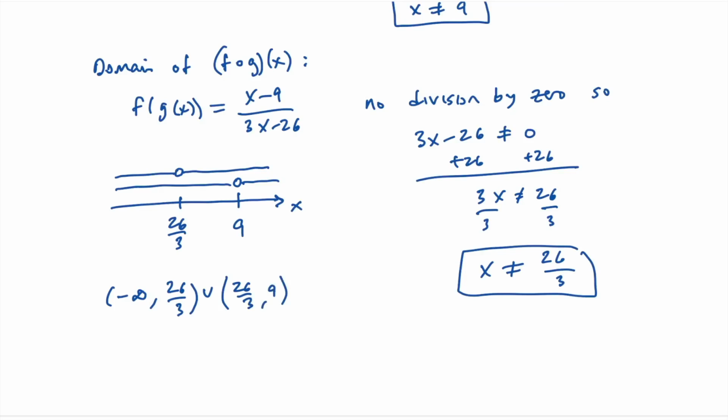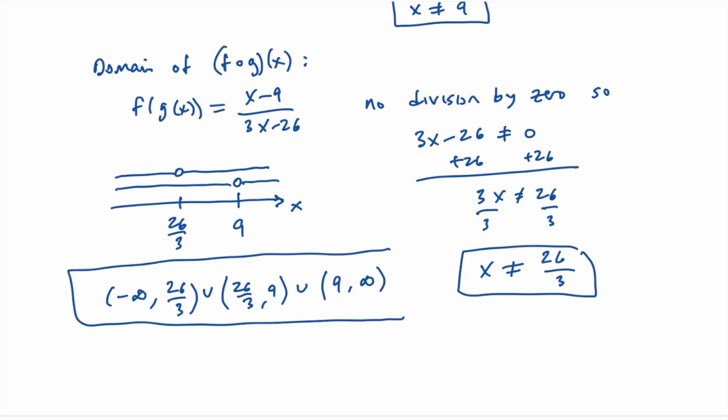And we use parentheses to signify we are not allowing the values. Then we're going to union that with from 9 to positive infinity. So that is our domain of f of g of x, or f composed with g at x.